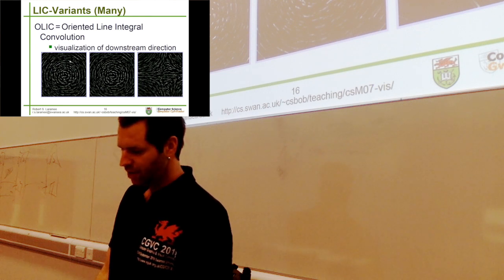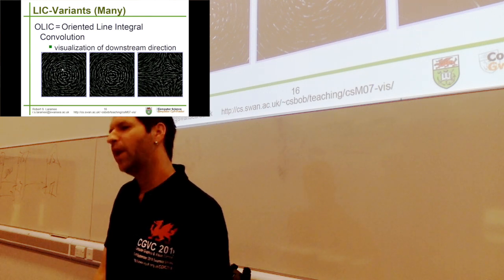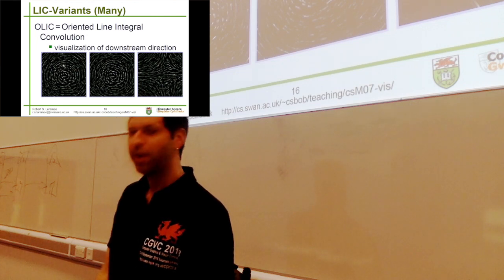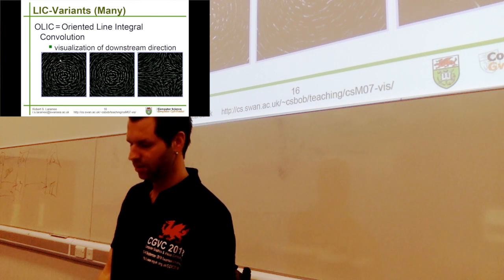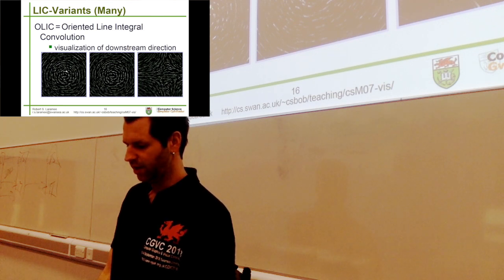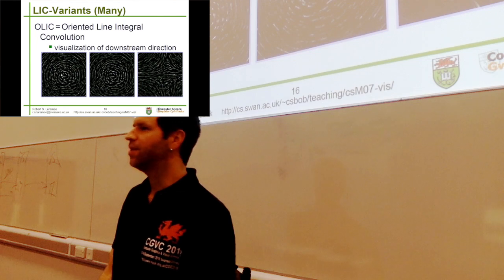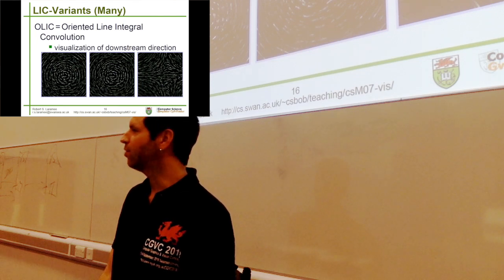But you notice adding the downstream direction, something has been taken away. Suddenly there's space between the texels, so it's kind of like a sparse version of texture-based flow visualization. You can tell it's moving in that direction, but some of the coverage has been taken away.